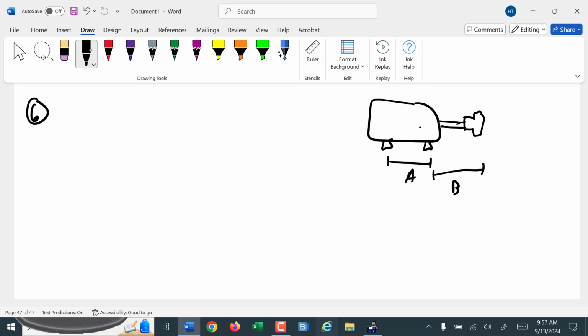So if A is 16 and B is 10, how much should the near foot, so this is point N, the near foot here, be shimmed to raise the end of the shaft 0.026 inches?